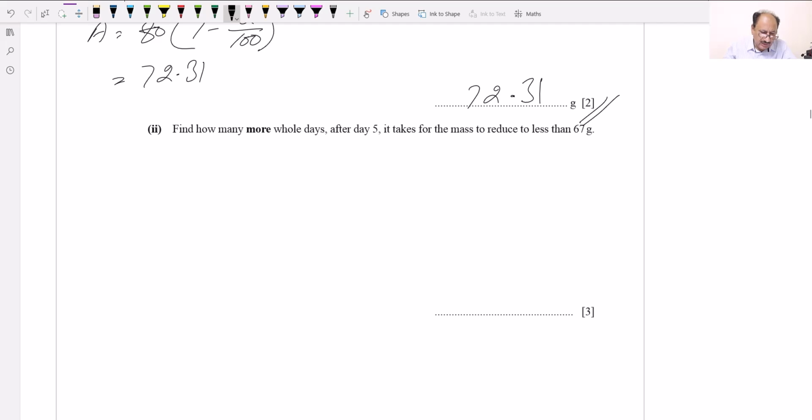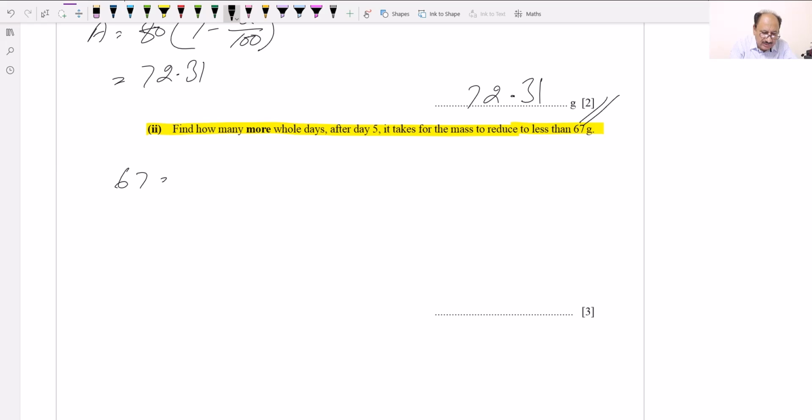So now second part: find how many more whole days after day 5 it takes for the mass to reduce to less than 67 grams. So now amount is provided, the same formula we will use.